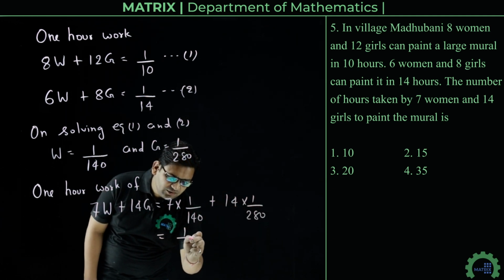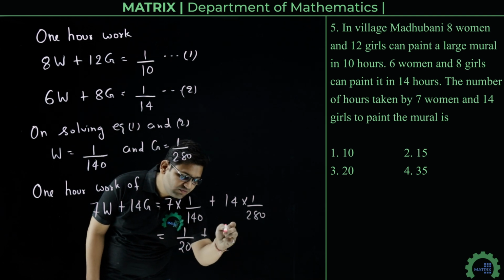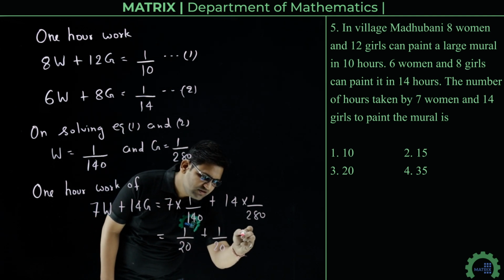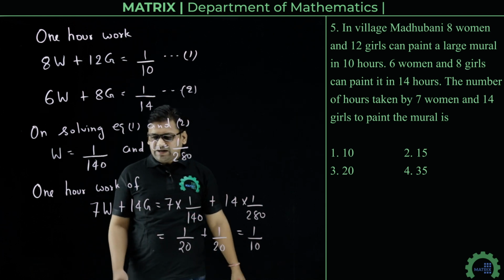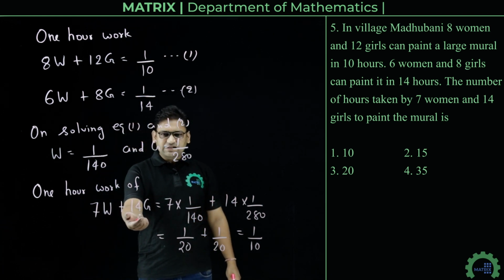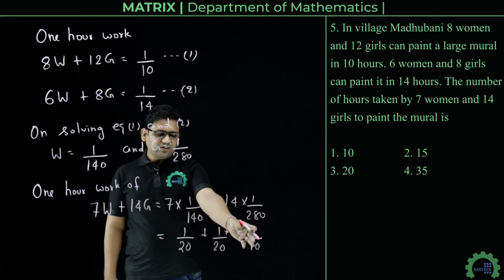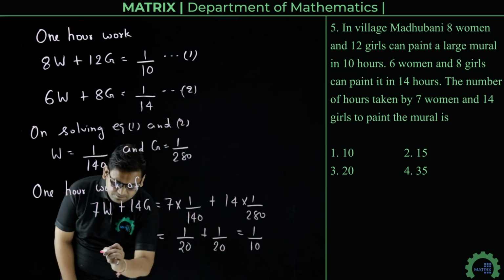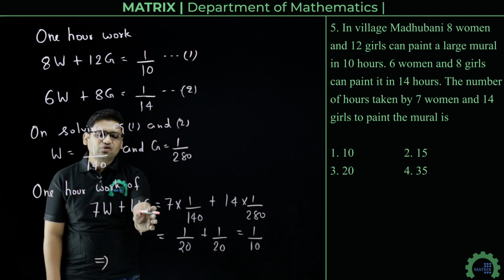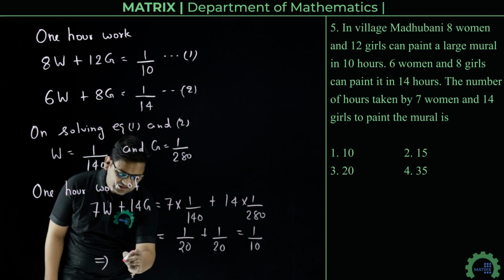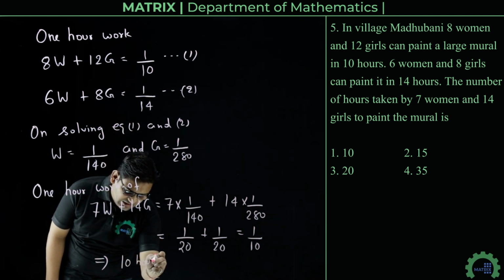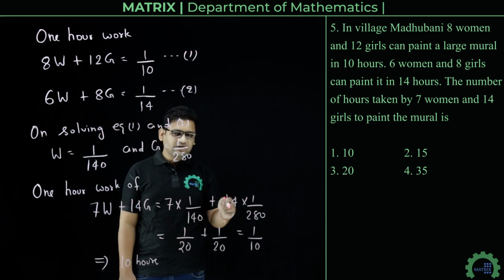That will be equal to 1 by 20 plus 1 by 20, that is 1 by 10. That is, 7 women and 14 girls' 1 hour work is 1 by 10. So 7 women and 14 girls will complete the work in 10 hours. So 10 hours is the correct answer, which is option number first.